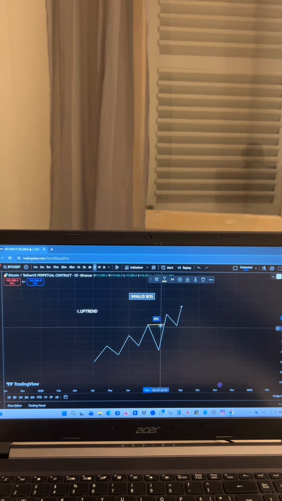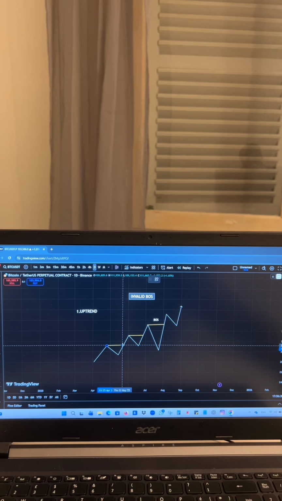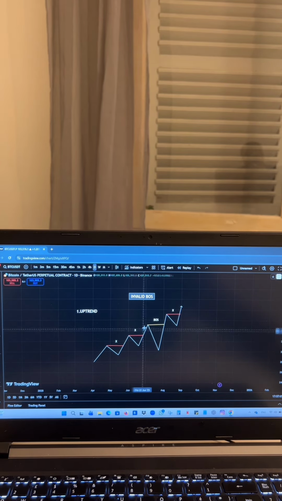And then what I do is, the rest, all of these which do not make a valid BOS, I mark these as invalid BOSs. So these are invalid BOSs. These X's I've marked are all the invalid BOSs made in the market. So this is the only valid BOS.